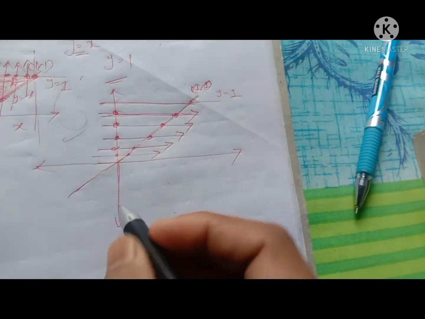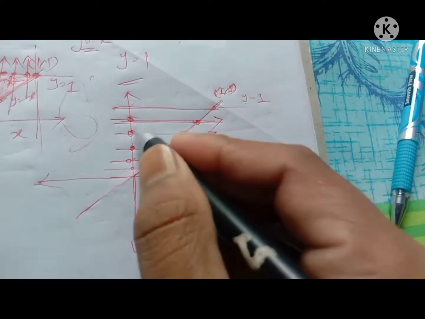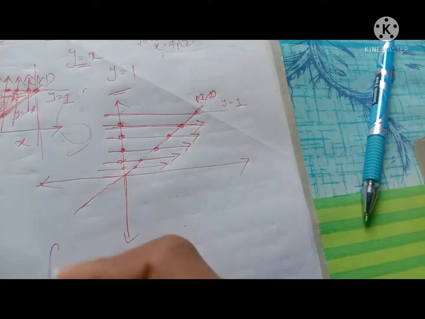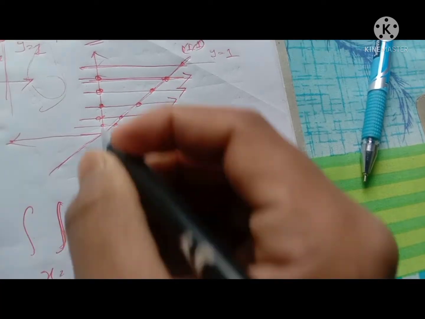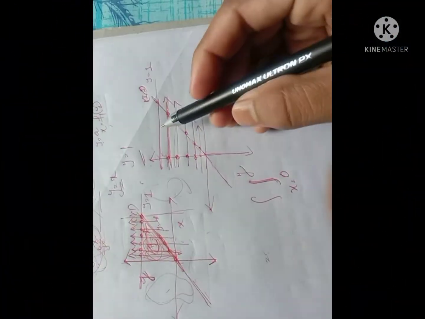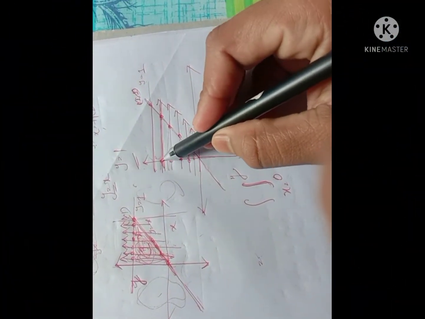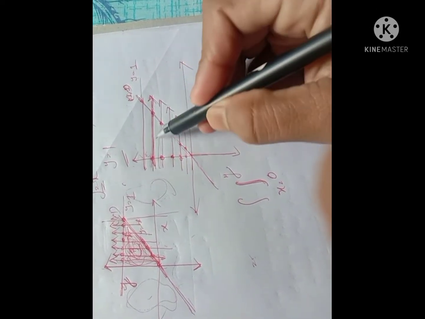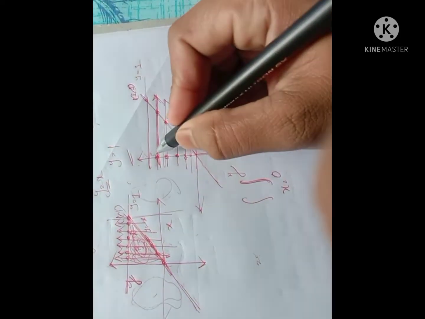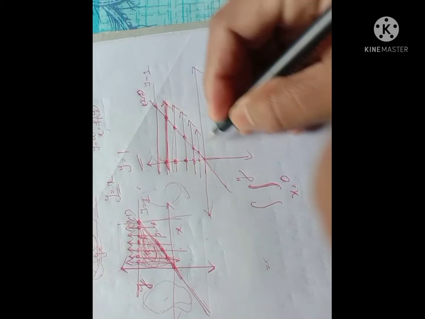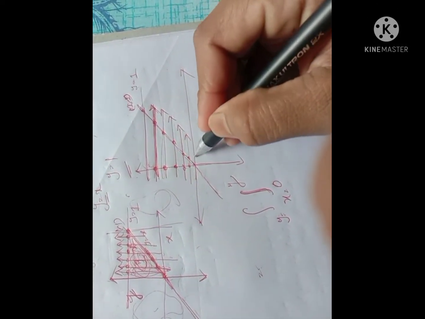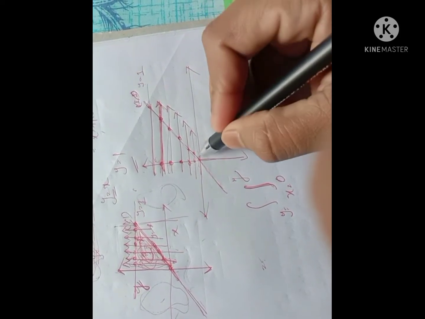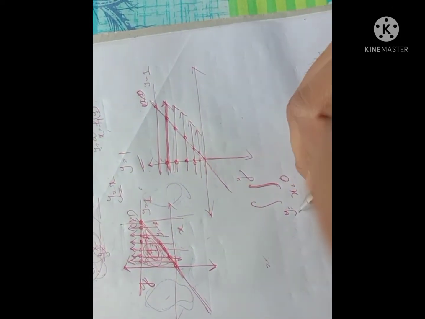After getting your bounded region, we write it in this form. Taking left to right as the arrow mark, x equal to 0 to x equal to y, and y is treated as constant, from y equal to 0 to y equal to 1.